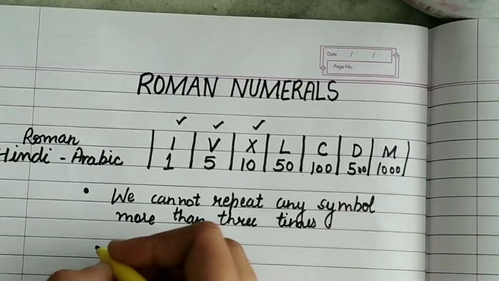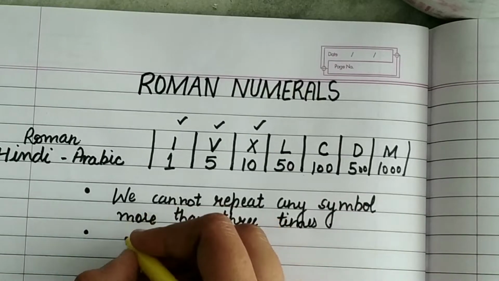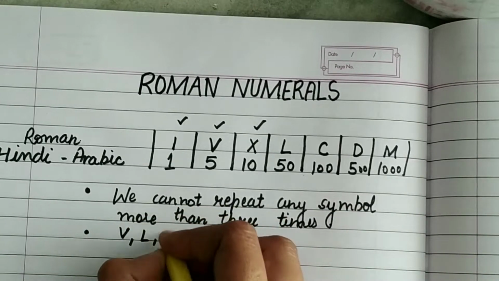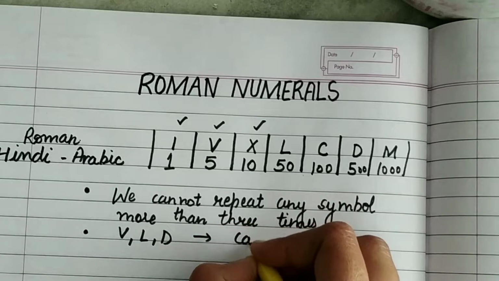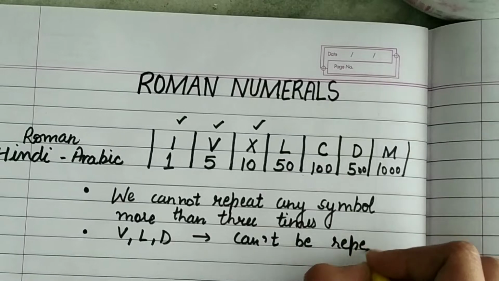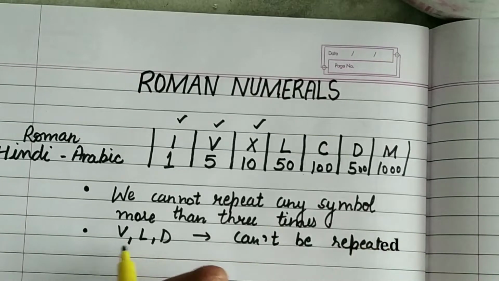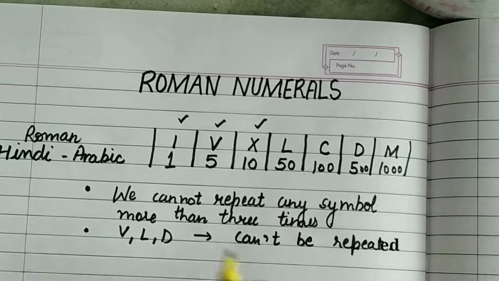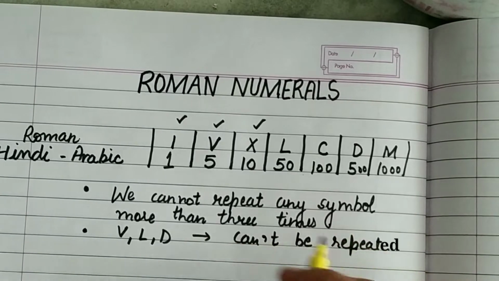Then the second one is V, L, and D can't be repeated. That means we don't have to repeat these numbers V, L, D, not even 2 times. These are not to be repeated.